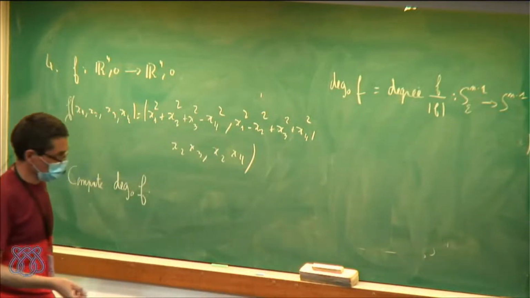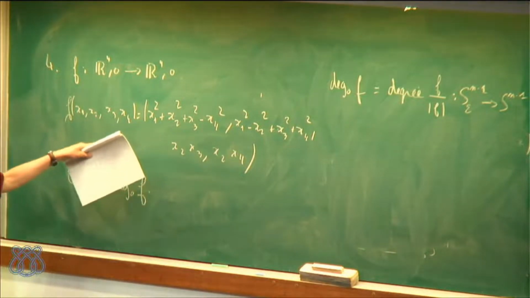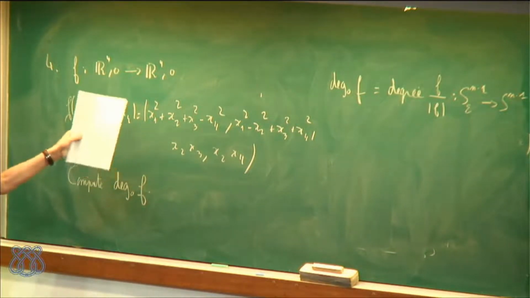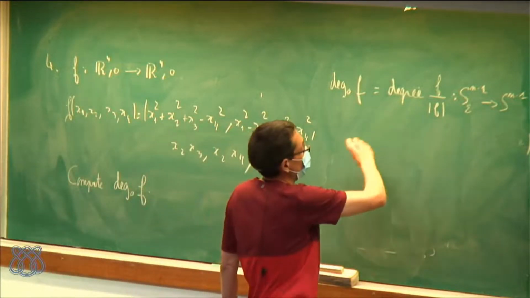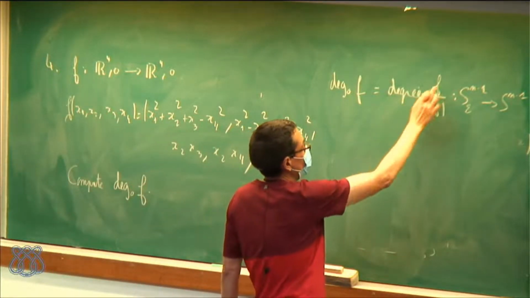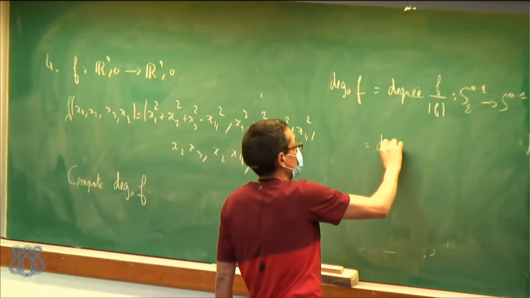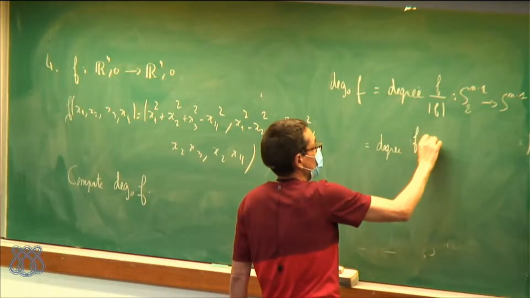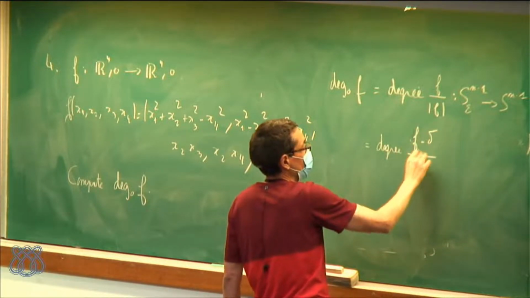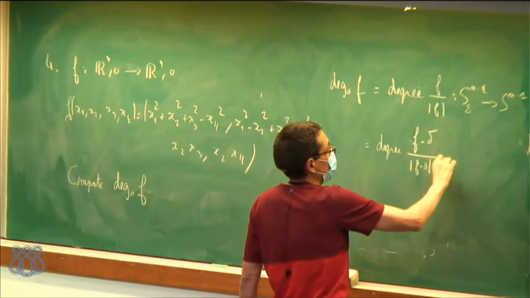But here I cannot use the criterion, example 6, because I don't know if it's degenerate. In general, it's degenerate. But I can make a small perturbation by a regular value, a small regular value, if delta is small enough compared to epsilon.